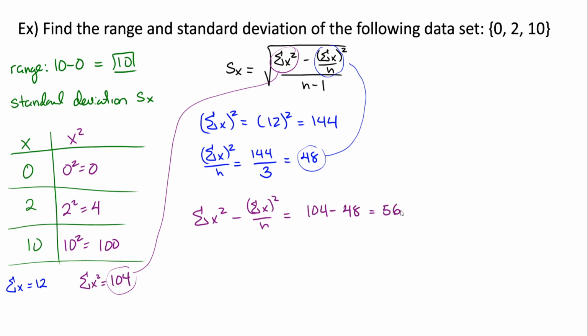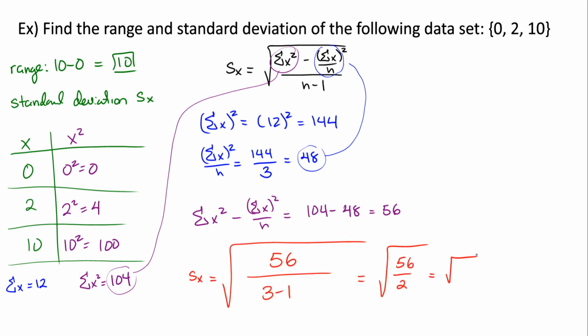So we get 56. And now at this point we could pretty much just plug things into this formula. We take the square root of 28 and we get our standard deviation is equal to 5.2915. Remember to round standard deviations to 4 decimal places.